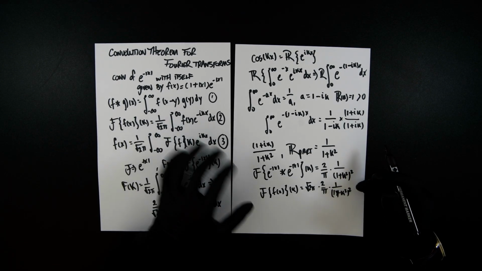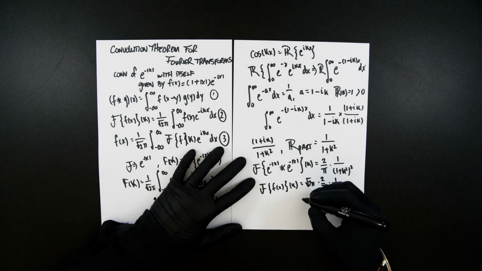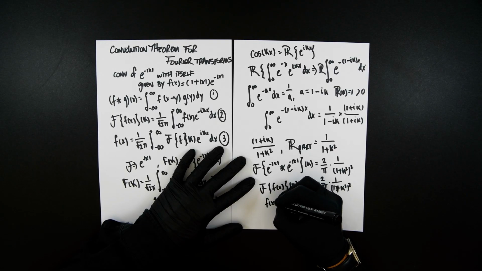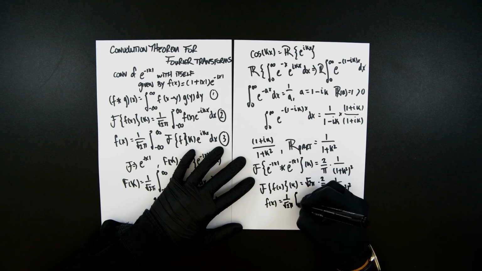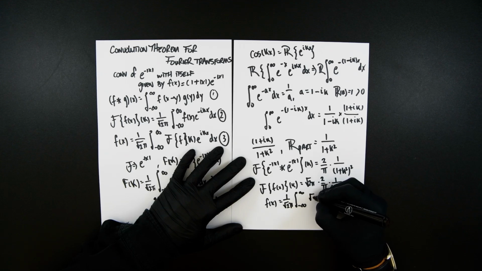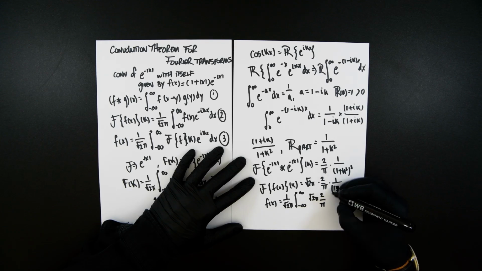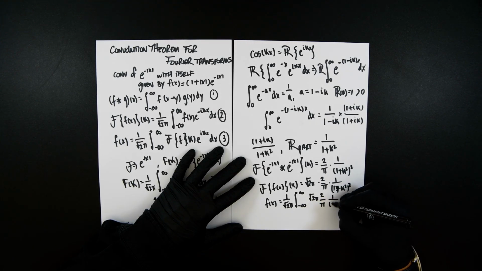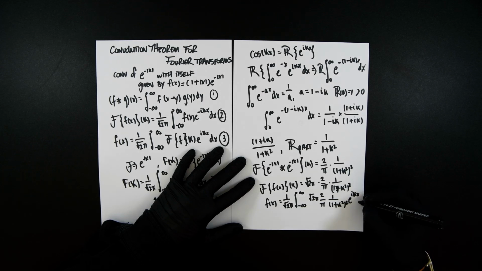So we're going to sub in this expression above. You're going to get f(x), which is 1 over root 2 pi times the integral from minus infinity to infinity of root 2 pi times 2 over pi times 1 over (1 plus k squared) all squared, times e to the ikx dk.